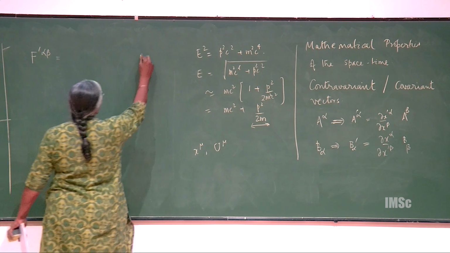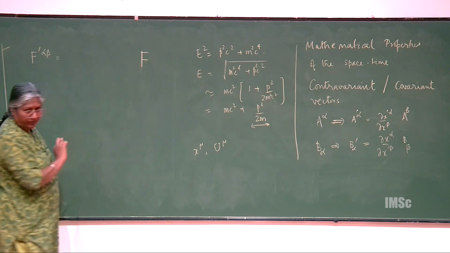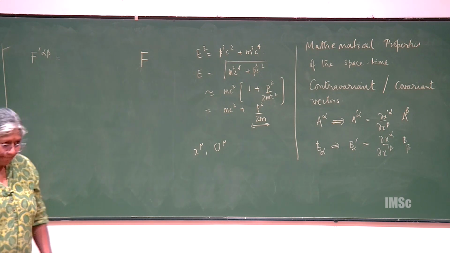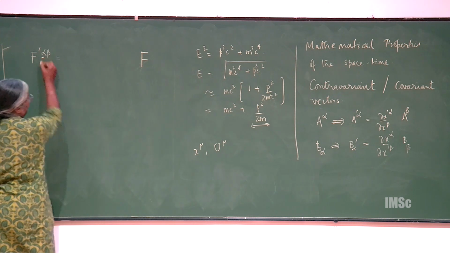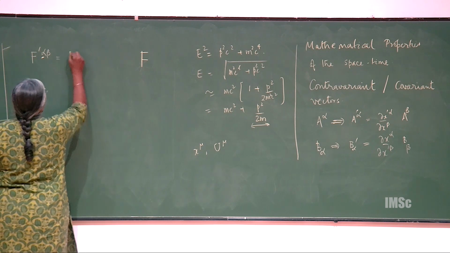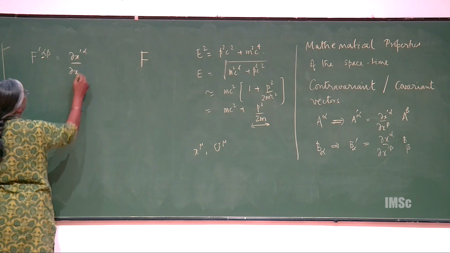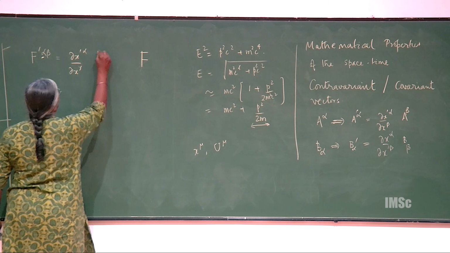So if I transform it from a primed to an unprimed frame, a contravariant tensor will go to a contravariant tensor, that will never change, right? What will be the coefficient? So for alpha what was the transformation? I had x prime on the top and x, no I cannot write beta, let me write gamma, right? Now what will I do with the beta? What will I do with the beta?